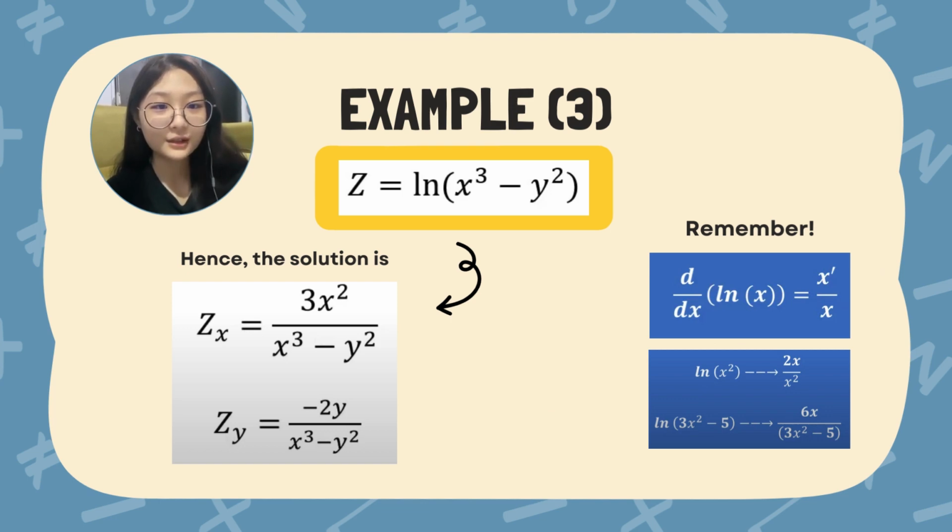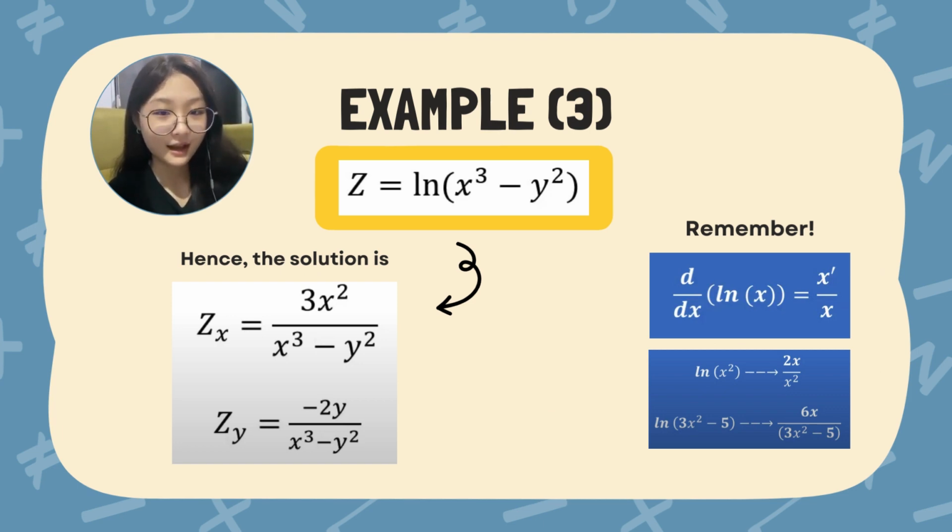For the partial derivative with respect to x, we have x cubed, so we find the derivative of that, which is the 3 comes down and x becomes x squared, because x cubed minus 1, over the expression itself, which is x cubed minus y squared.